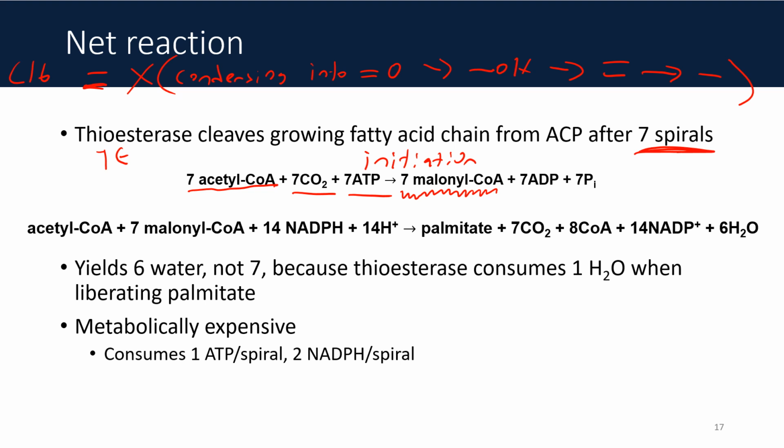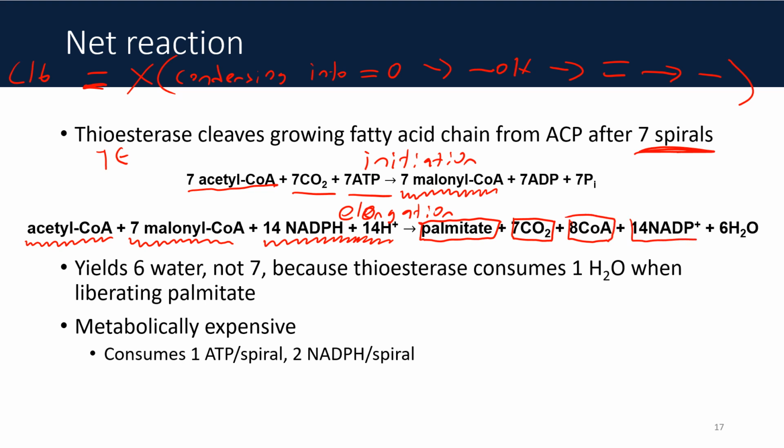We are going to feed in the malonyl-CoA to our elongation reactions, which is going to consume 1 more acetyl-CoA as part of the primer, 14 equivalents of NADPH plus protons, and all of that is going to give us our C16 palmitate, 7 CO2s as waste, 8 coenzyme A's, and 14 spent NADP pluses.